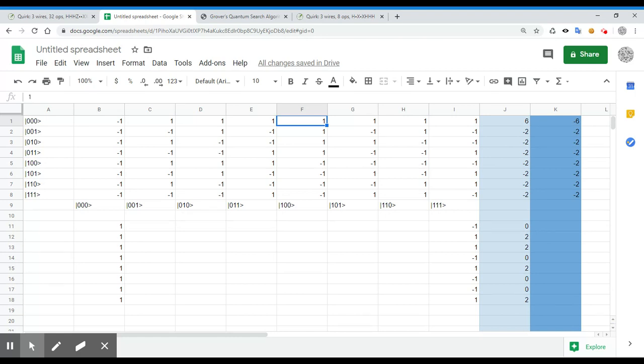Or, wait a second, I think I changed it in the wrong place. So that's correct. This here is correct, correct, correct, correct. This here is basically correct. So where am I missing something now?